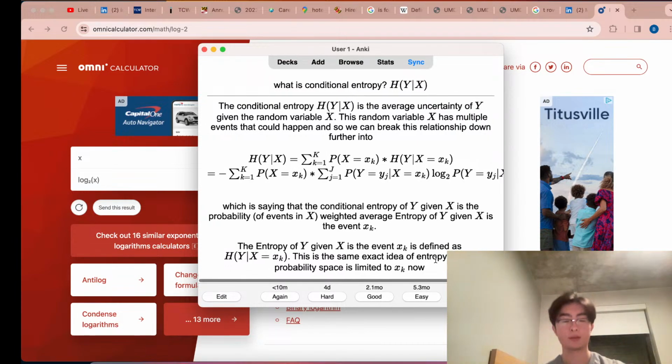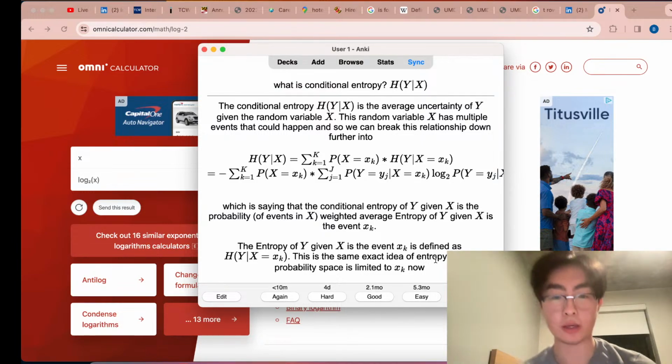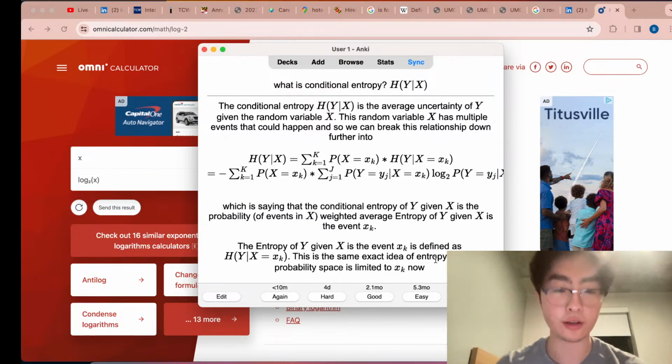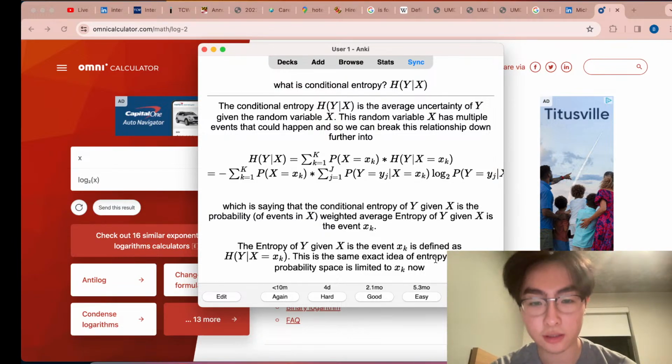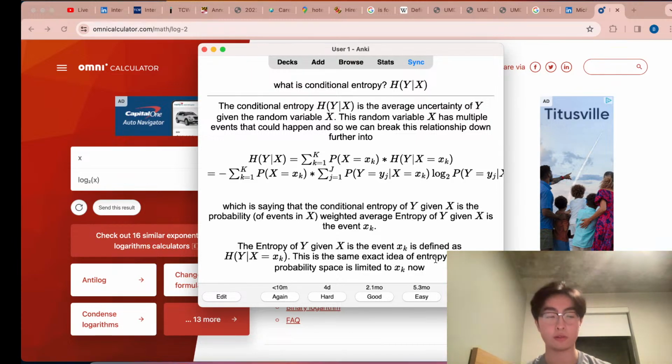The random variable x has multiple events that can happen, so we can break this relationship down further into H(Y|X) equals the probability of X equal to some event times the entropy of Y given X equal to some event.